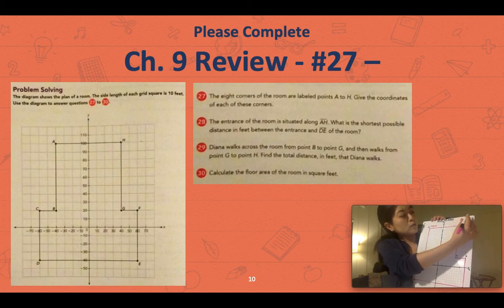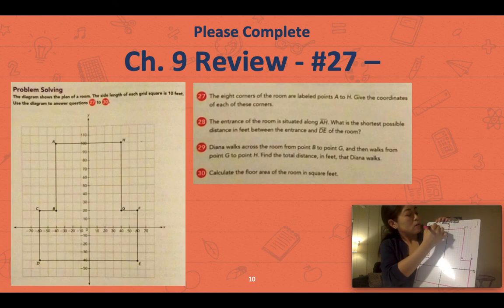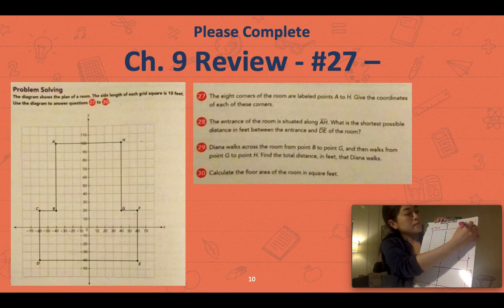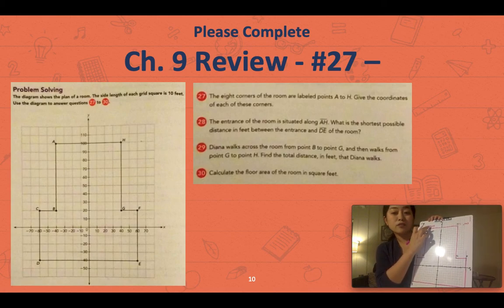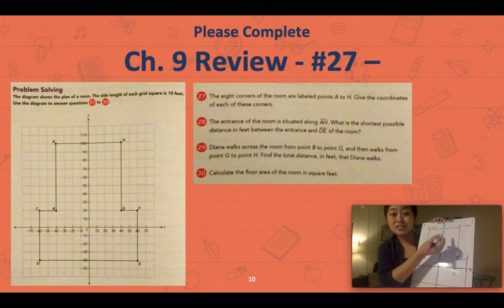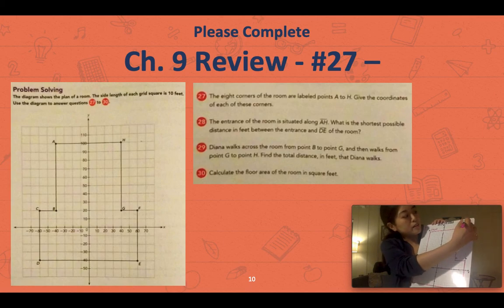So I know if it reflects it, especially over the y-axis, the y-coordinate is the same. But then the x-coordinate is actually not negative 40, but it's positive 40. But I'm going to just double check it on my number line because that's pretty easy to do. So let me go down and see, 10, 20, 30, 40. Yep, it is positive 40.